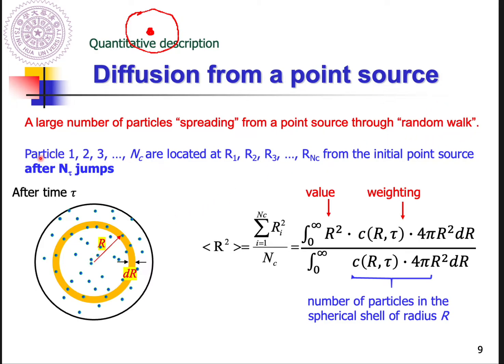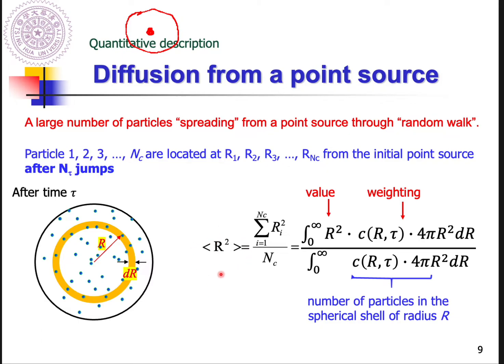You can also observe particles 1, 2, 3. So this green is particle 1, 2, 3, until N_C. So we have a total of N_C particles located at R1, R2, and R3. Particle number 1 is located at R1 from the initial point, and particle number 2 is located at R2 from the initial point source after n tau jumps, or after time tau.